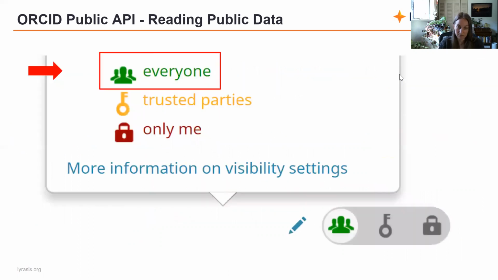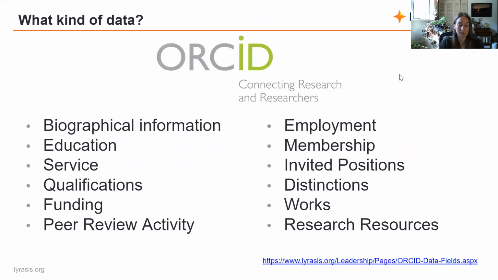So basically, any information that is set to the everyone or public setting can be read using the public API. And when I talk about information from within an ORCID record, I'm talking about biographical information, employment history, education history, funding that somebody's received, works that somebody has contributed to, all of these kinds of things that you might expect to see on a CV or a resume, for example.